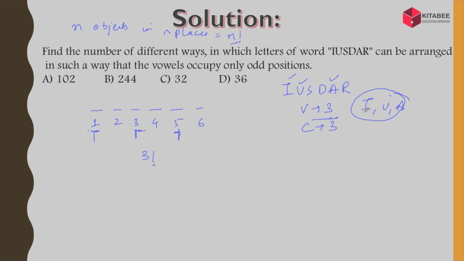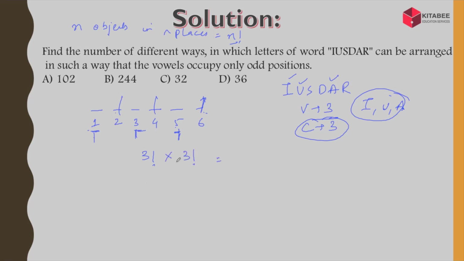So the same thing, 3 objects in 3 places, you can arrange them in 3 factorial ways. Now the remaining 3 consonants would occupy these positions. So again you have to arrange these 3 letters at these 3 designated places, which could again be done in 3 factorial ways.